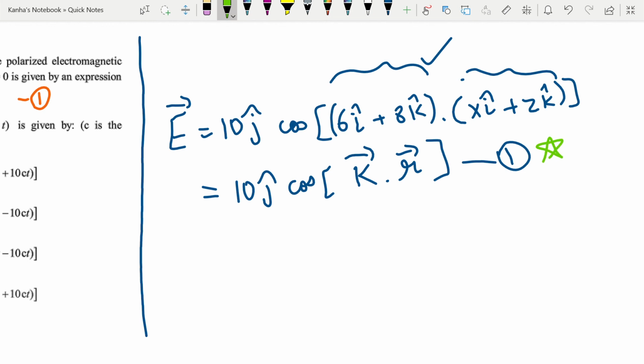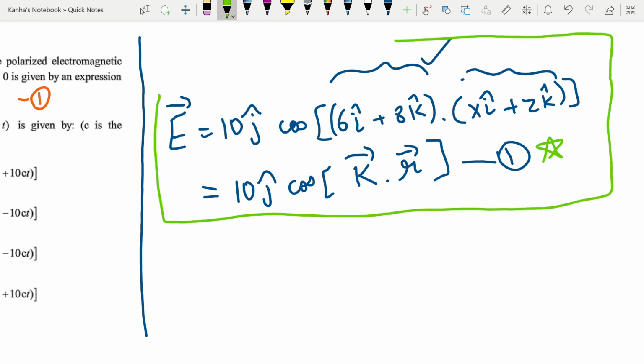If your wave is given as a function of k dot r, then this k defines the direction of propagation of the wave, where r is your position vector. With this in mind, I'll mark this thing as important. This will be used in several of the other questions as well, so you should take a note of it.